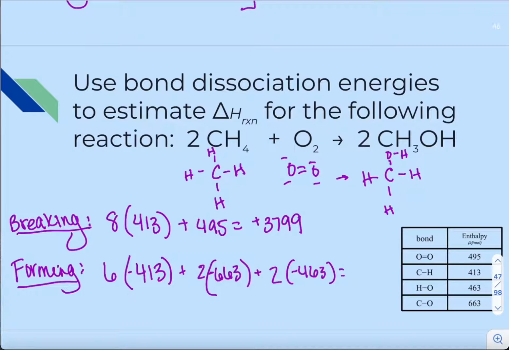So when you do this math out, you get this for kilojoules per mole. Add those two together, and your delta H is this.